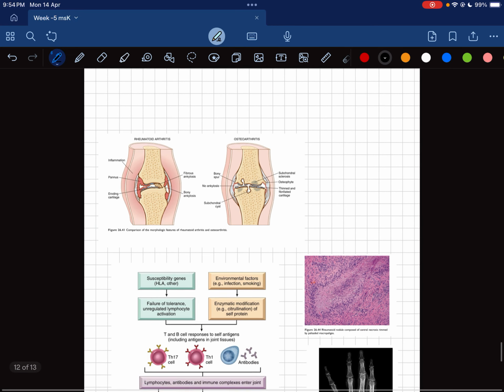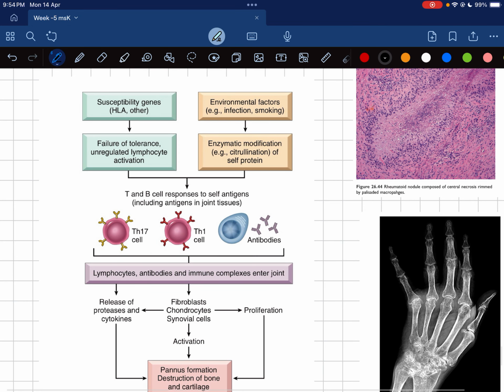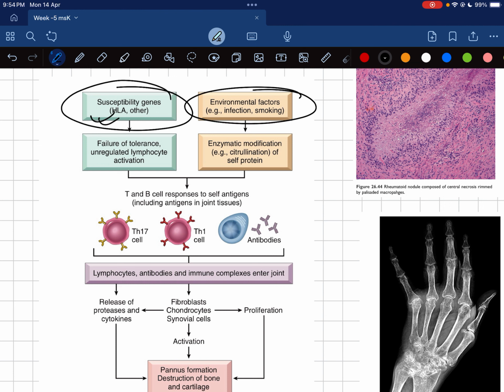In the image view of the pathogenesis, there are susceptibility genes, HLA and others, and environmental factors, infection and smoking. Smoking stimulates citrullination of proteins, an enzymatic modification of cell proteins. Together with susceptibility genes, there is failure of tolerance and unregulated lymphocyte activation.